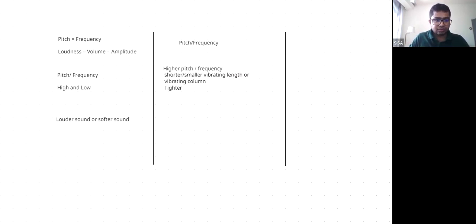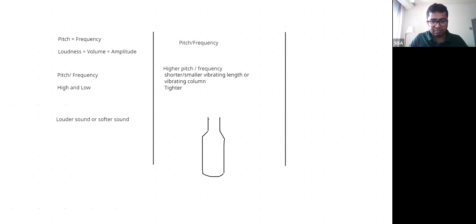And then let's go to some experiments, especially the bottle experiment. You will have several bottles filled with water. Right, let's draw a bottle.